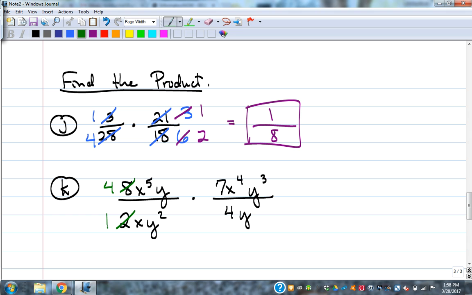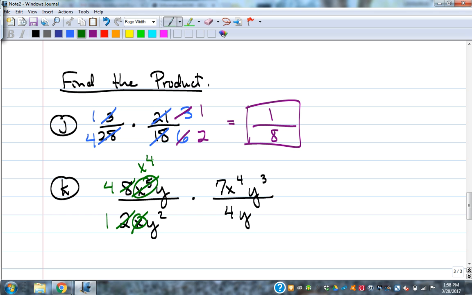And then what about the x's? You got 5 x's up top and 1 on the bottom. So this 1 right here is going to cancel how many of those? It's going to cancel 1 of those, so it'll be 4 left, right? So that turns into x to the 4th. So this guy's gone. This guy becomes x to the 4th.